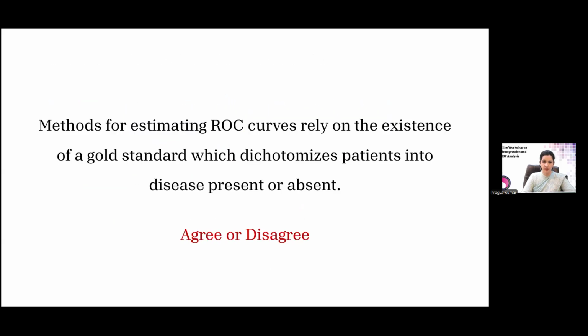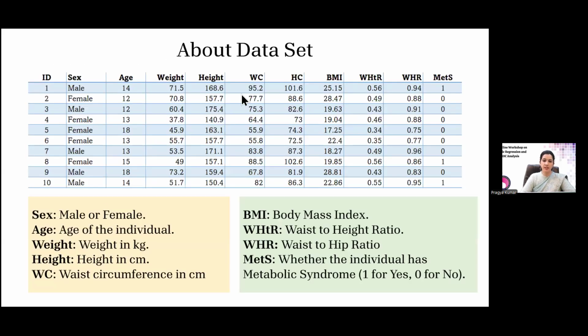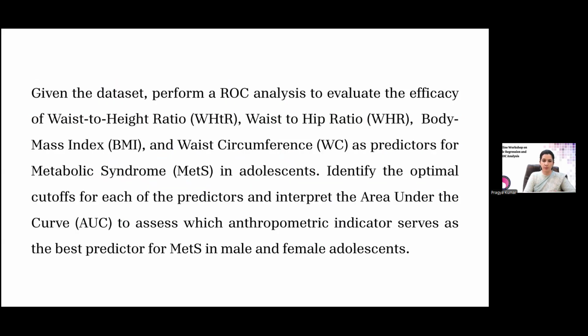So I'll just explain the data. Yes, this is the data set. I'll show this in Jamovi as well. The problem was that we have to do the ROC analysis, taking as gold standard the identification of metabolic syndrome. And there are predictive tests like waist height ratio, waist hip ratio, BMI, and waist circumference as predictors.